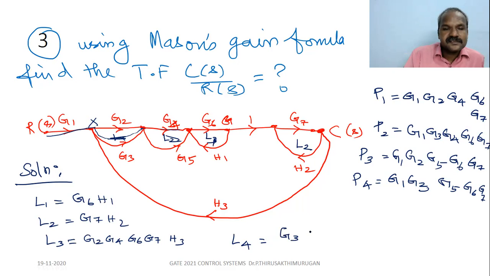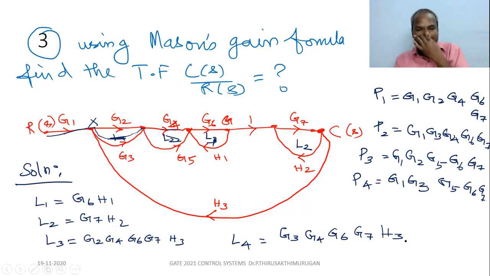L4 equal to G3, G4, G6, G7, H3, G3. Okay, good. This is L4. What is L5?